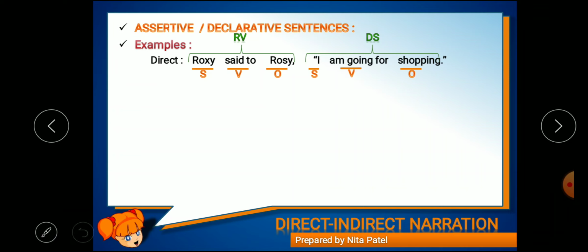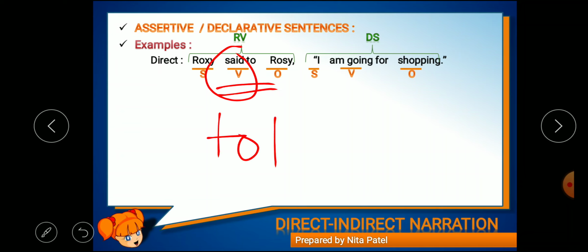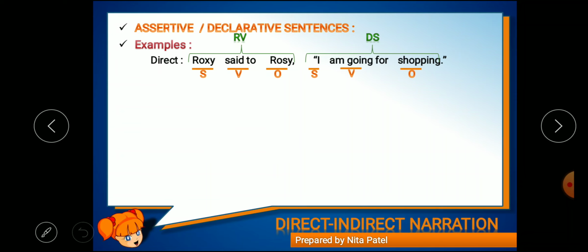So now how to convert this? The 7 steps we have revised, right? We do not need to change the tense of the RV's verb, but we will change it accordingly. Said to is used here, so we will convert it into told, right? First thing, whenever any sentence comes, what you have to observe first is this RV's verb.